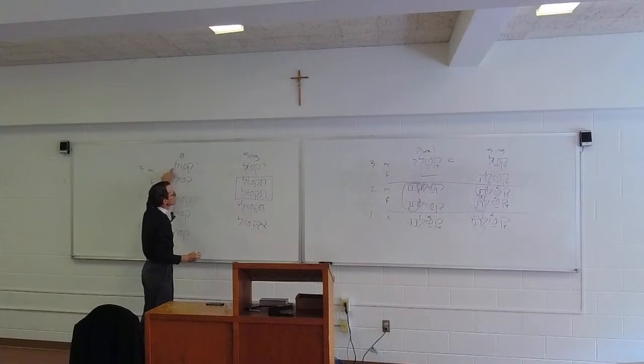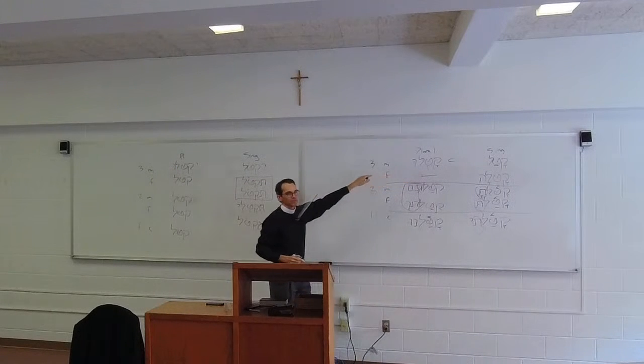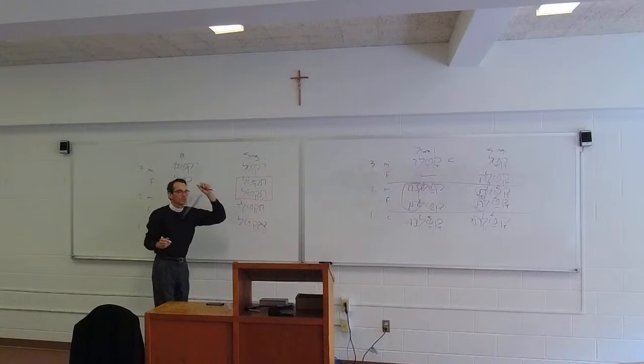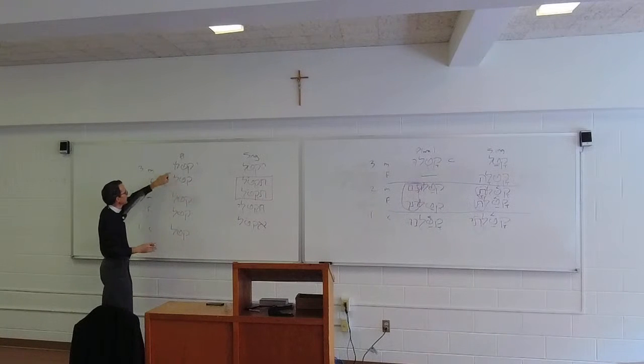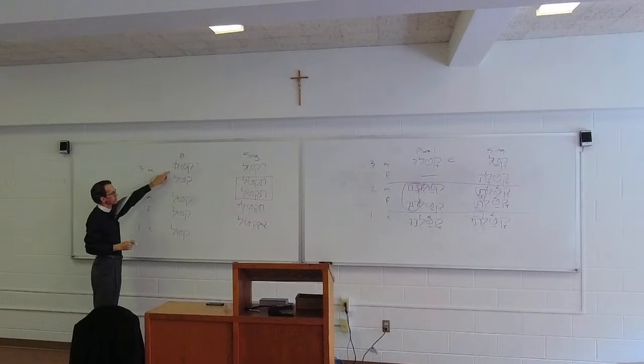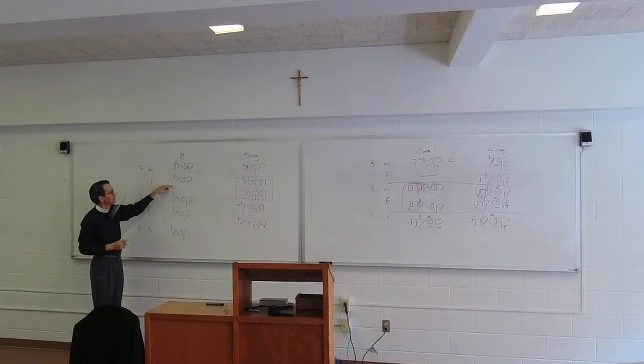Now here we see this shureq. Maybe we connect it to the perfect over here. Whatever connections you can make to help you to know a pattern, that's helpful. So maybe that's a helpful one to connect it in the third person over there. Yiktolu, two schwas together. The first one's silent, the second one's vocal. Yiktolu. Okay, how about third person feminine plural?